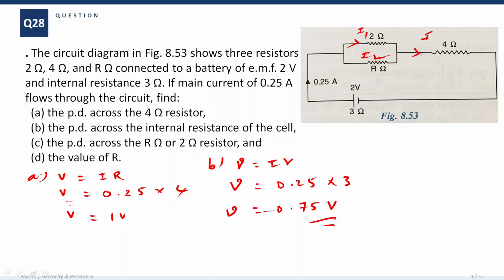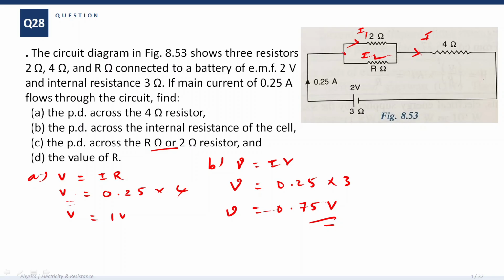Now the potential difference across R ohms and 2 ohms, any one is enough. So here we need to find the potential difference across R or 2 ohms. Before that, we use the junction law. The sum of the current coming towards a point equals the sum of the current moving away from that point.